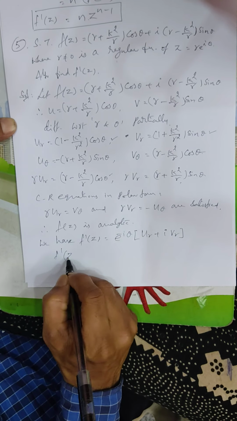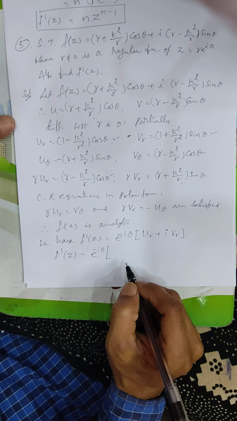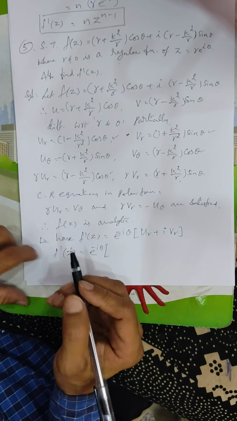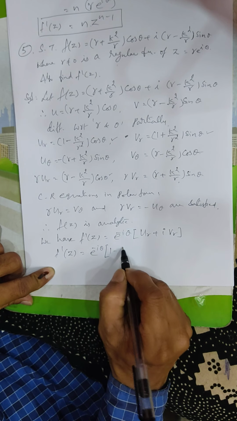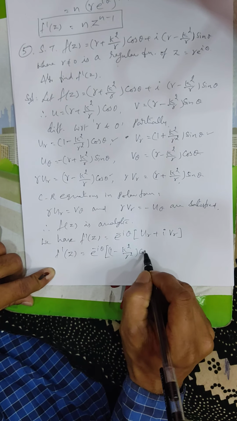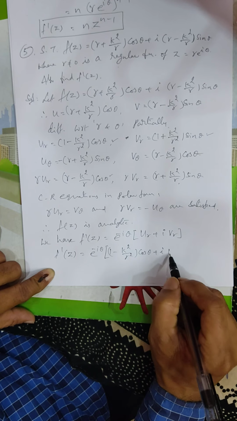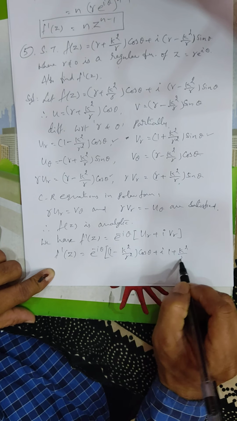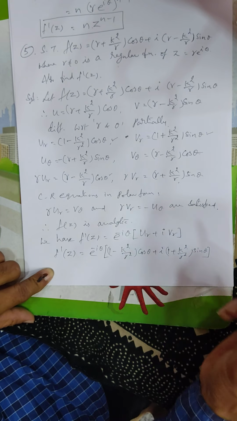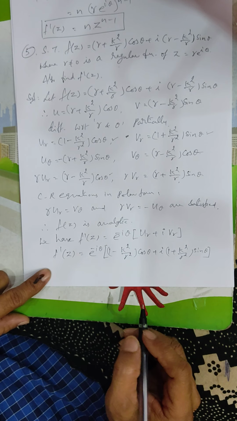So f dash of z is equal to e power minus I theta into, let us substitute dou u by dou r, that is u r, 1 minus k square by r square cos theta, plus I into dou v by dou r, which is 1 plus k square by r square into sin theta. We are just substituting u r and v r in this result.